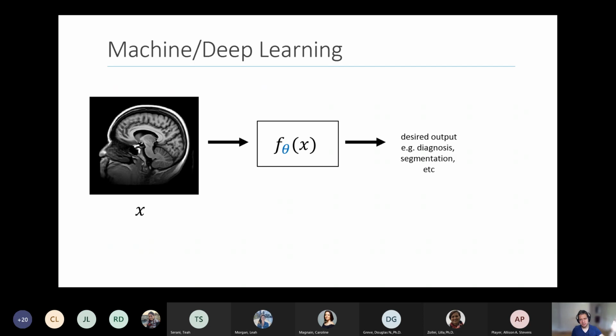Okay, so just picking up close to where we left off, one way to think about machine learning and deep learning in general is that we want to build these large function approximators. And sometimes they kind of just solve your whole problem. So you have some image and you want some output, a diagnosis, segmentation, something like that.